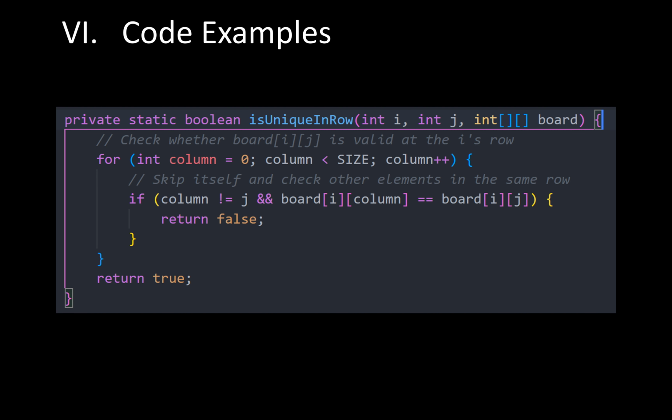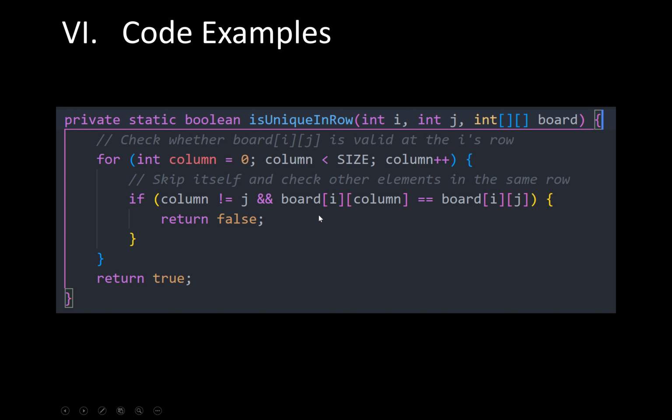Here's the code example. This one is part of the Sudoku checker. This function checks if the digit is unique in the row. It's very simple to read.